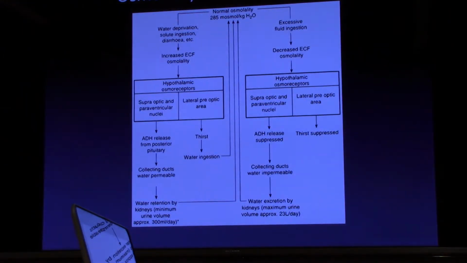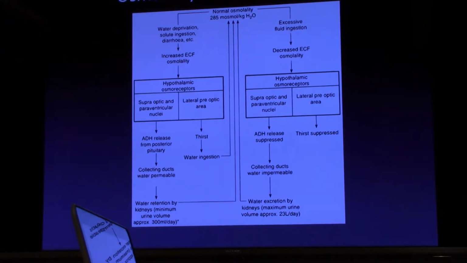So before delving into the pathophysiology of hyponatremia, I want to spend a couple of minutes talking about normal physiology of water and sodium regulation. Our body relies on serum osmolality to decide how much water to take in or to excrete. The normal serum osmolality is around 285 milliosmoles per kilogram.